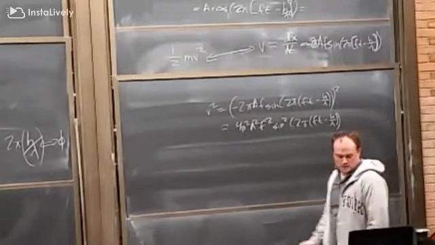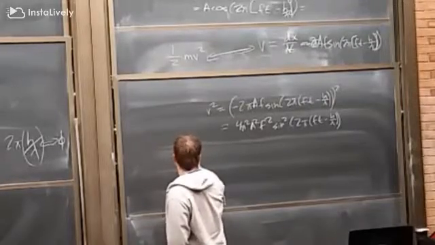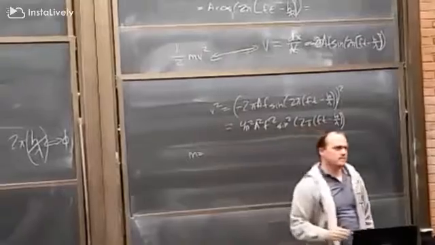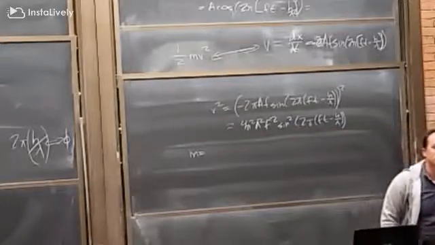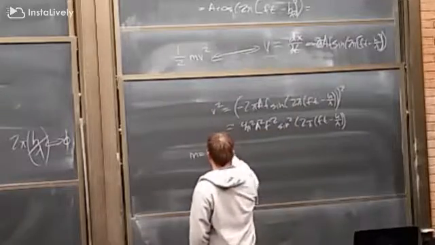Okay, so we've got that now. And how do we find our mass? Density times volume.